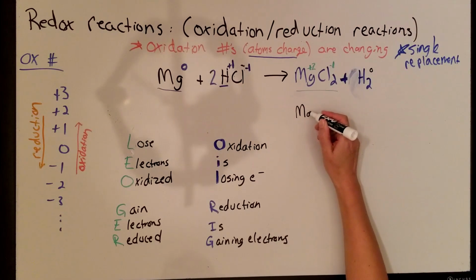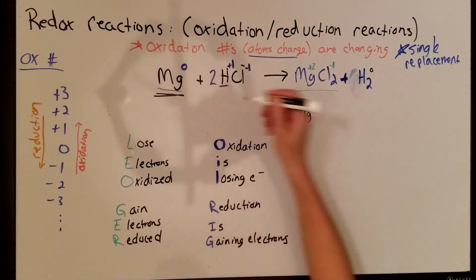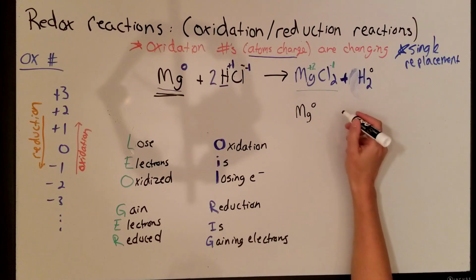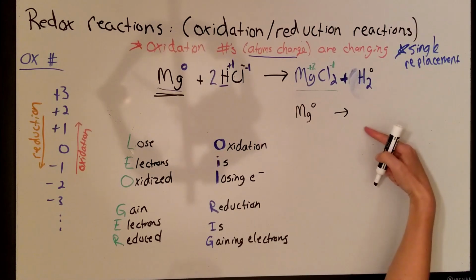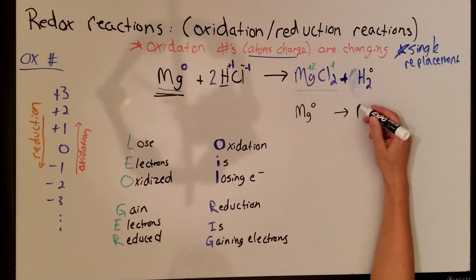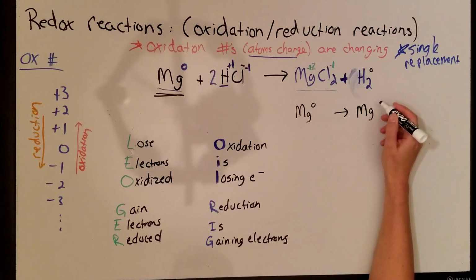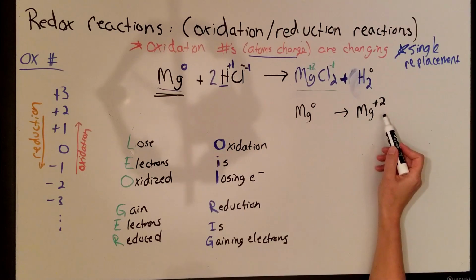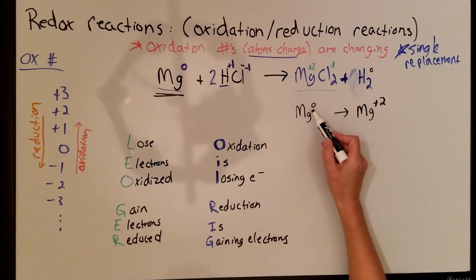So magnesium is starting on the reactant side neutral, 0 charge. I'm going to draw an arrow, and then I'm going to write what happened to it on the product side. So on the product side, what is its charge? It's a +2. Okay, so did the charge on magnesium change? It did. It went from a 0 to a +2.